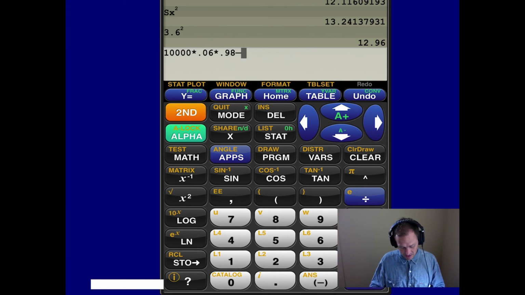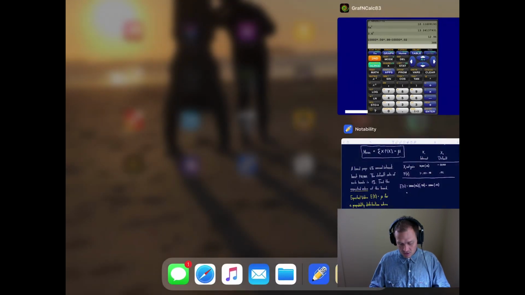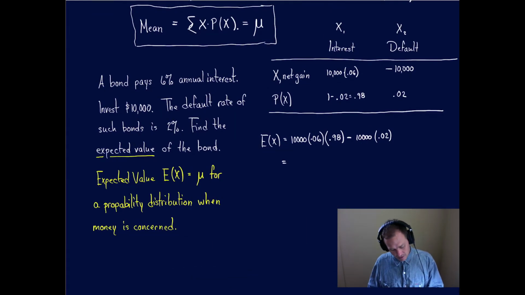Subtract from that the 10,000 times the probability of default, 0.02. Enter, and we have 388. These are in dollars, so $388.